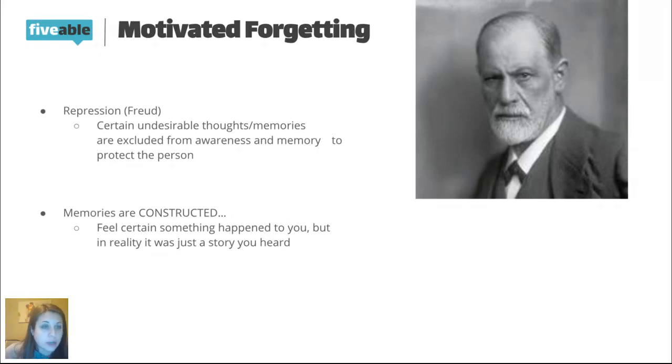So now I can forget that trauma or that bad thing that happened because I've repressed it, and now I'm healthier and safer. My mind is at ease and things like that. So it's motivated forgetting. And then he also talks a little bit about how memories are constructed, which goes back to what we talked about with source amnesia.